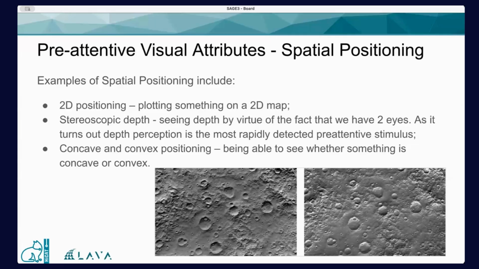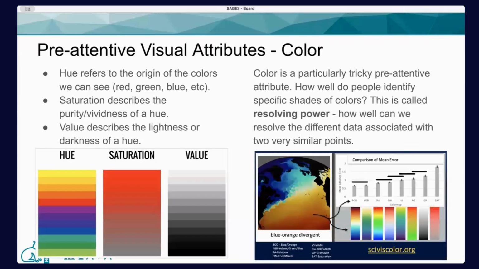And there's the concavity and convexity of things, so you can see that this image would have outwards protruding things, and this would have inwards protruding things. So these are all things that should be fairly fast for us to perceive.